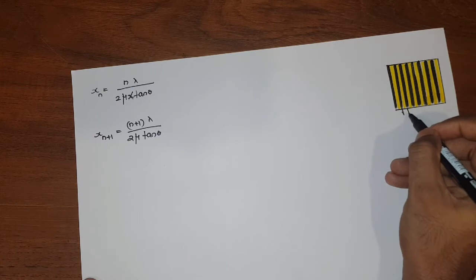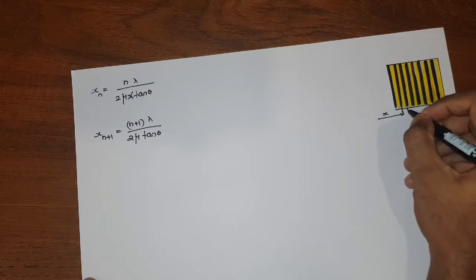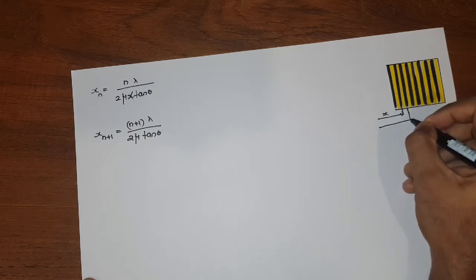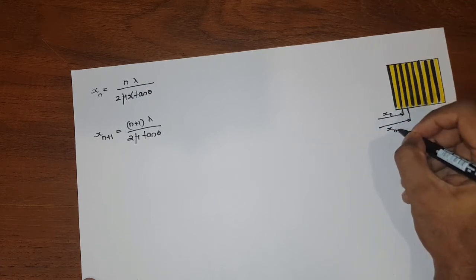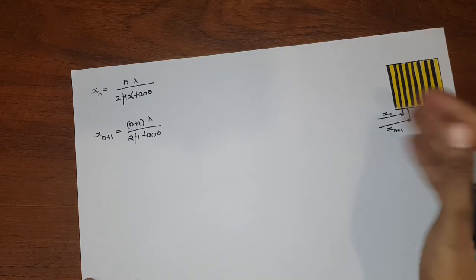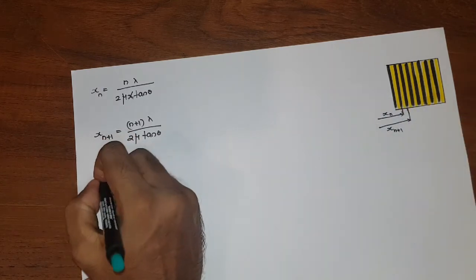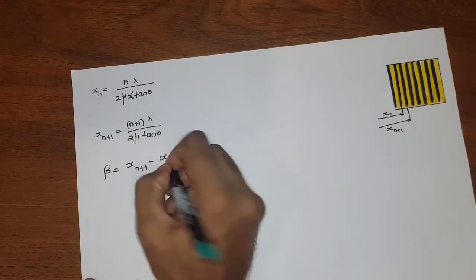If you subtract these two x values, xn and xn plus 1, you get the fringe width. So in order to find the fringe width, you just have to subtract these two distances. So beta will be nothing but xn plus 1 minus xn.